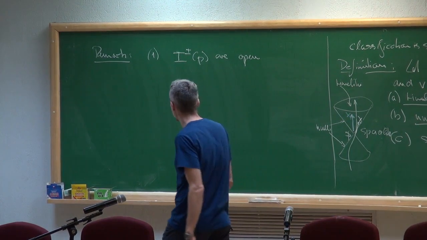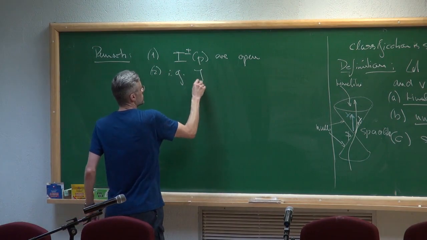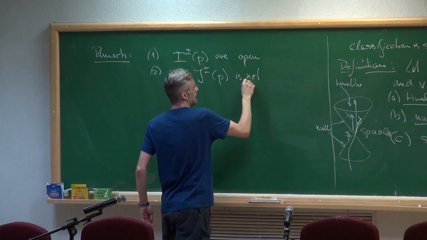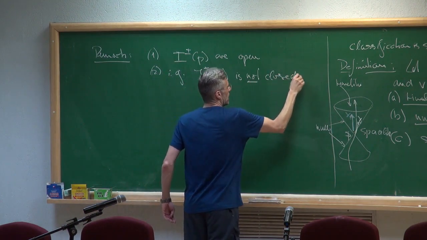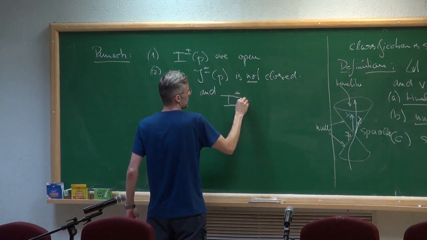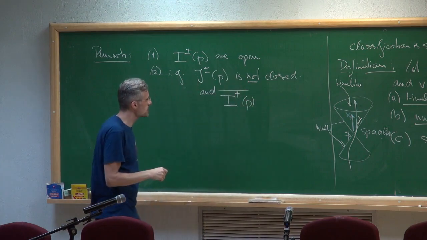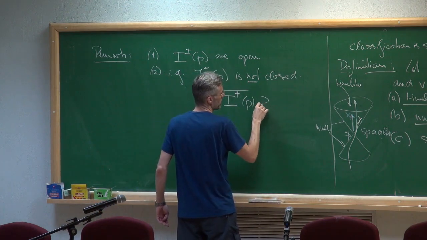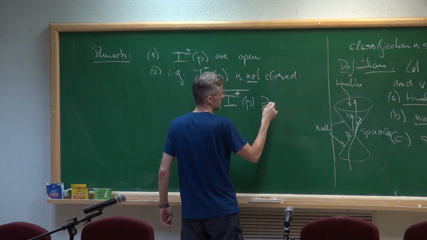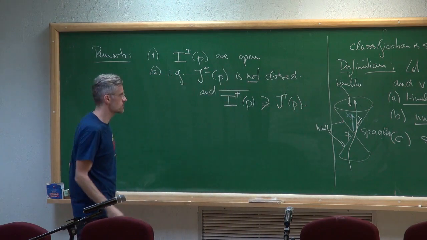So in general, J plus minus of P is not closed, and the closure of I plus of P, and the same goes for I minus, is usually bigger, contains J plus, but can be bigger than J plus, and likewise for J minus.